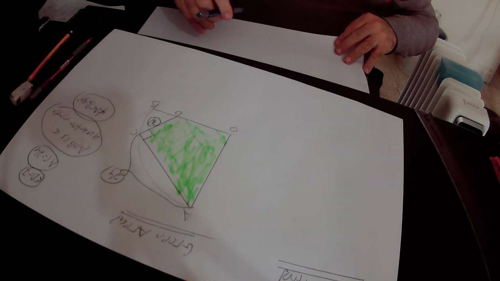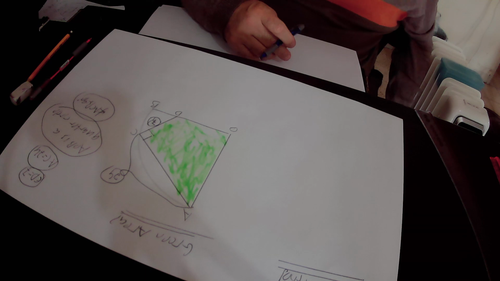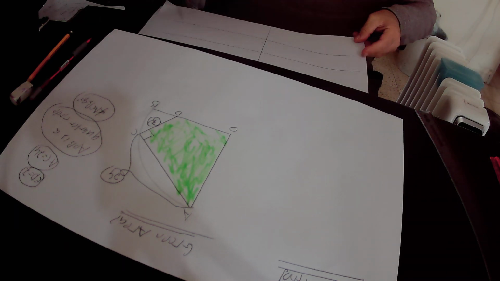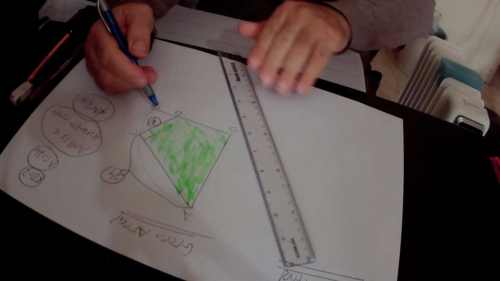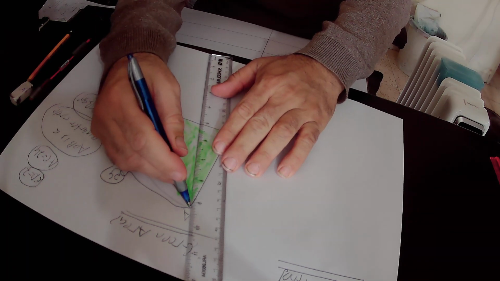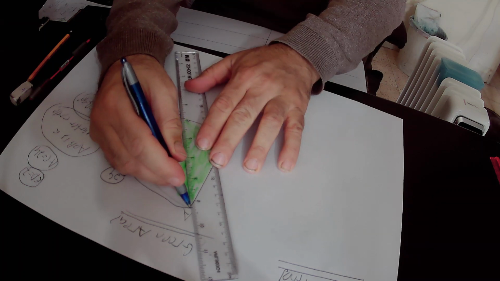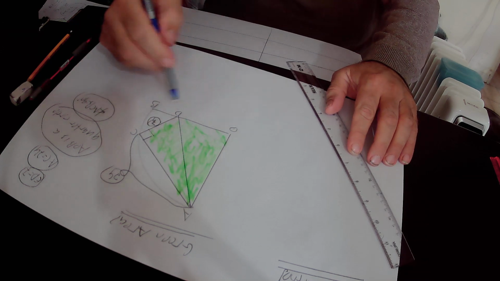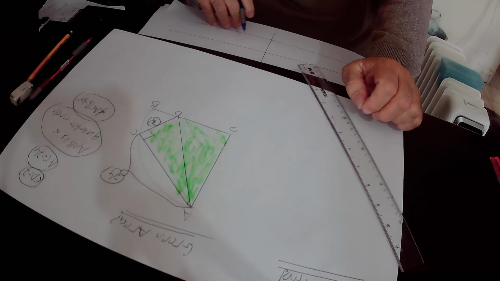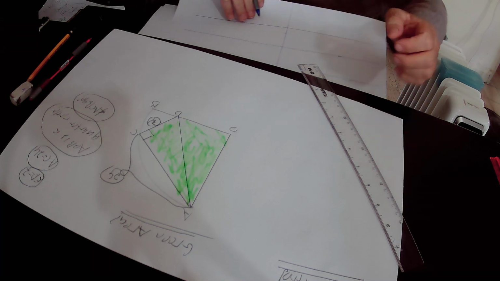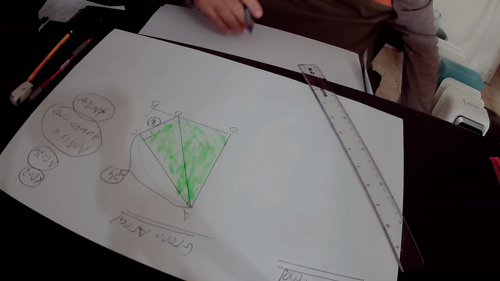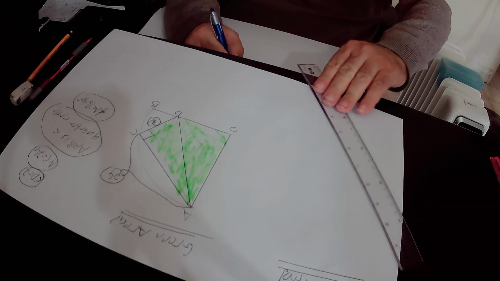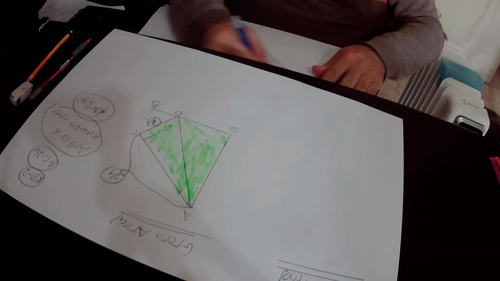In the second method, we join points A and D together by a straight line. This way we created the right triangle ADC. We'll implement the Pythagoras theorem on this right triangle ADC, so I'll copy the right triangle ADC onto a new page.